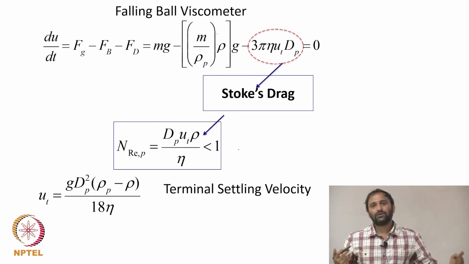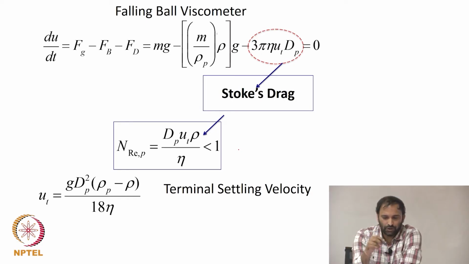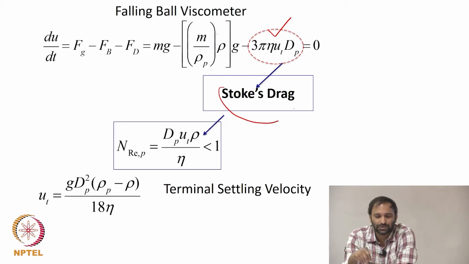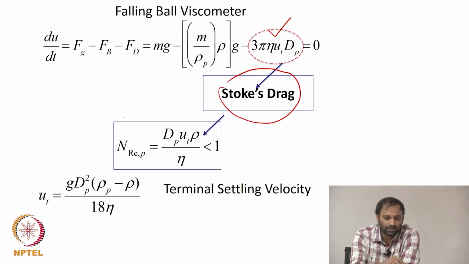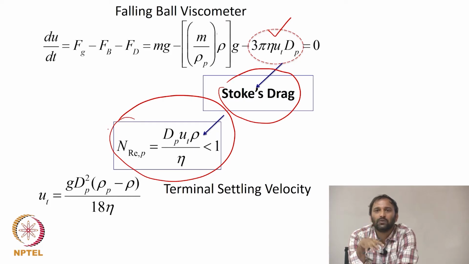This particular approach you can only use for cases where the expression I took for drag force, what is called Stokes drag, is valid, and that is only true if your Reynolds number is less than 1. So this only works if you are working with very small particles or very small objects.